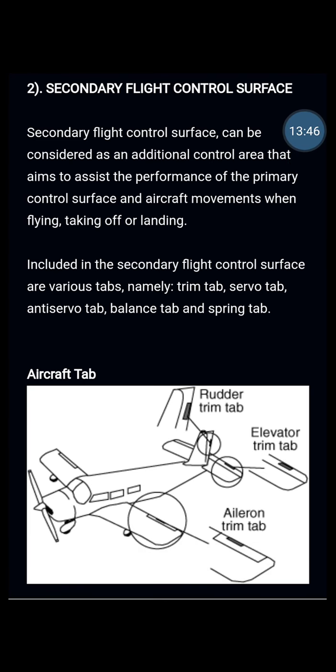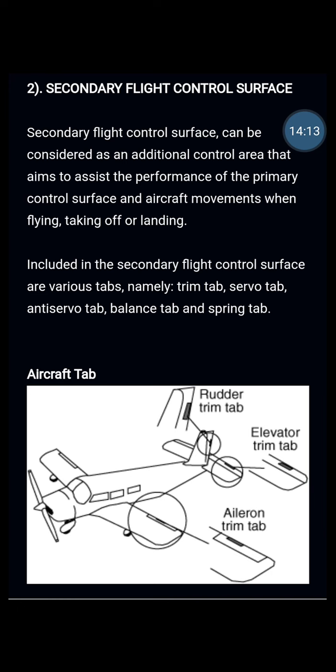Secondary flight control surface. Secondary flight control surfaces can be considered as additional control surfaces that aim to assist the performance of the primary control surface and aircraft movement when flying, taking off, or landing.